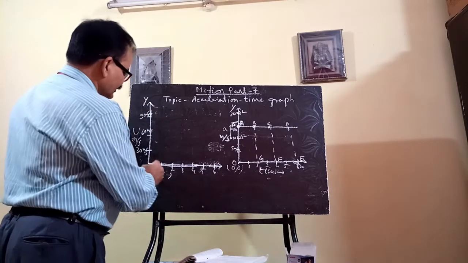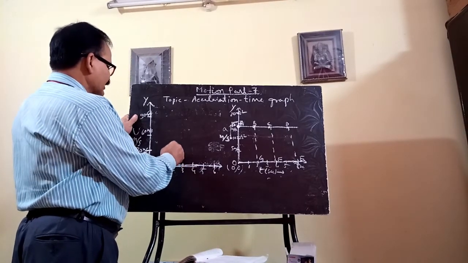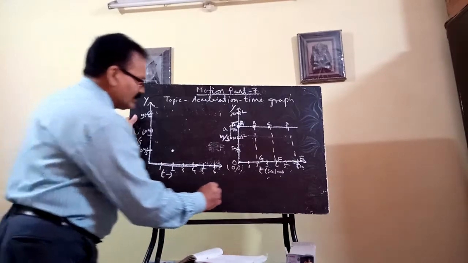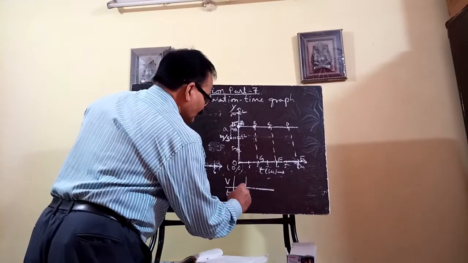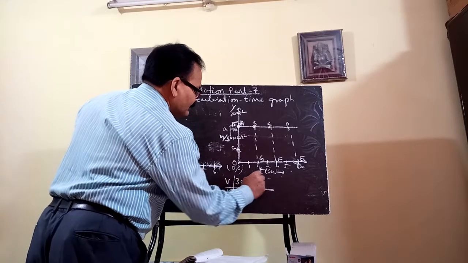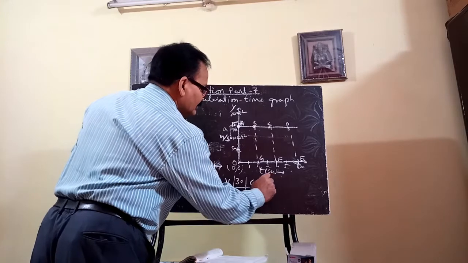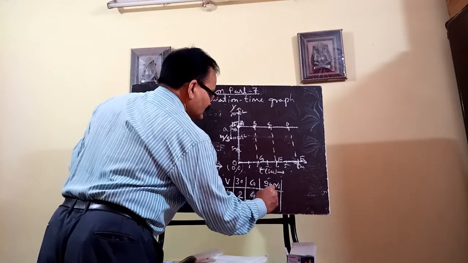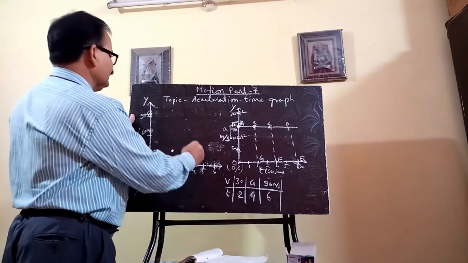So first, after 2 seconds the velocity of the body becomes 30 meter per second. This is your velocity time graph data, V and T. V is 30 at 2 seconds, 60 at 4 seconds, and 90 meter per second at 6 seconds.